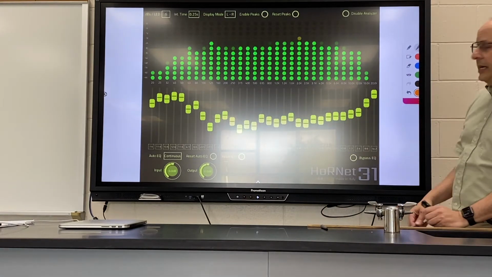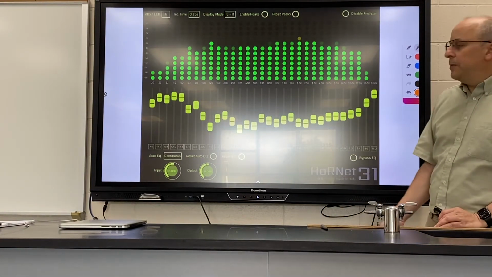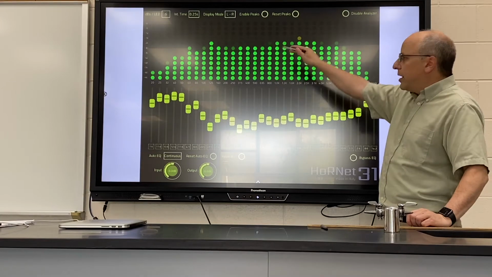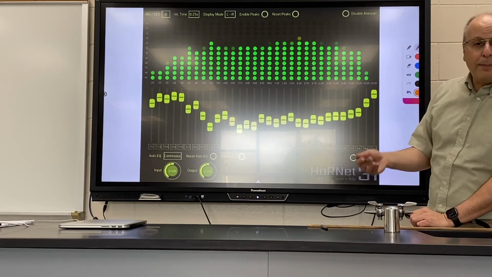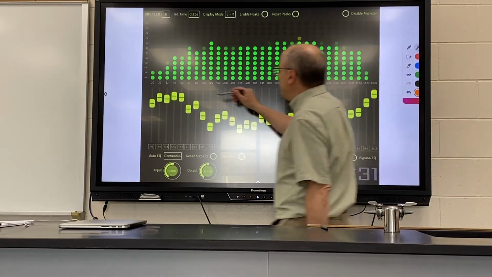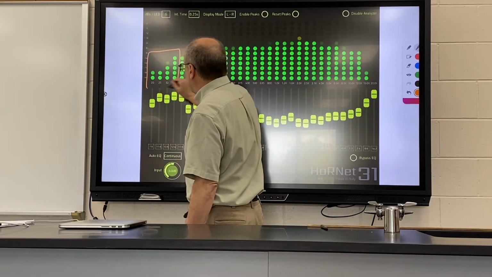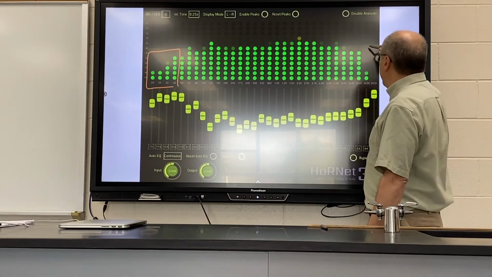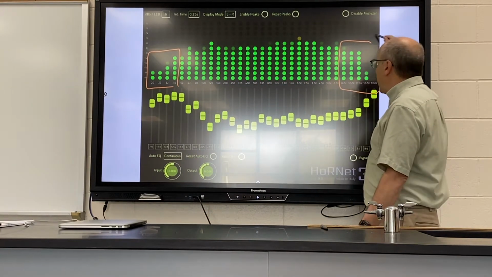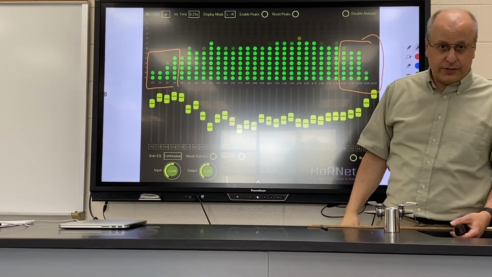This is called an equalizer, and if you're listening to music, you'll see these bars going up and down depending on what's happening. When there's a lot of drums, you might see a lot of low frequency sounds. When you have things like a piccolo, you might see a lot of high frequency sounds.